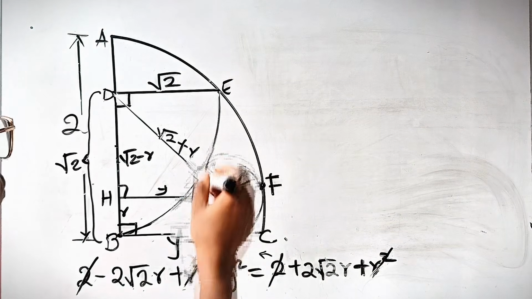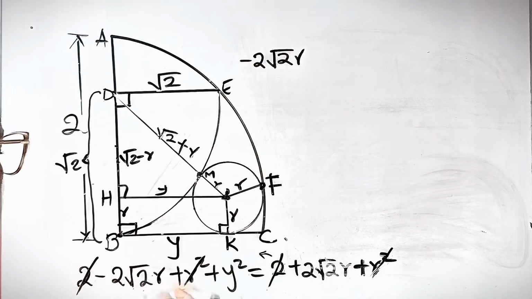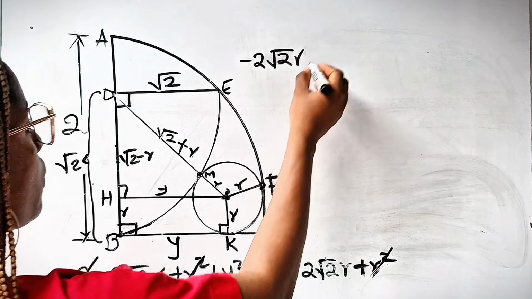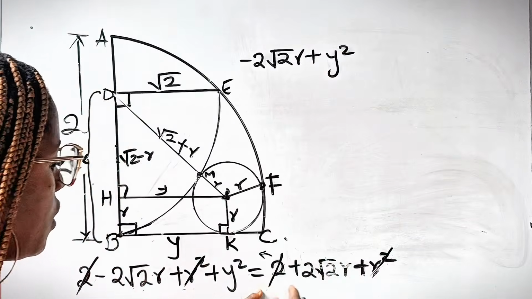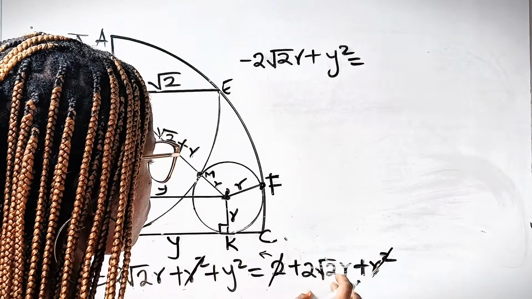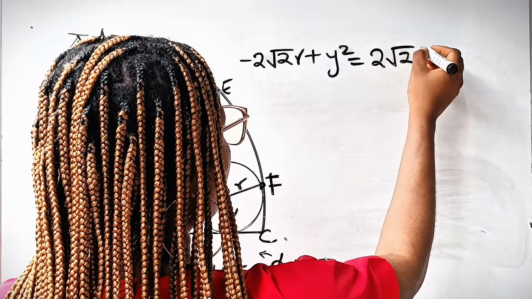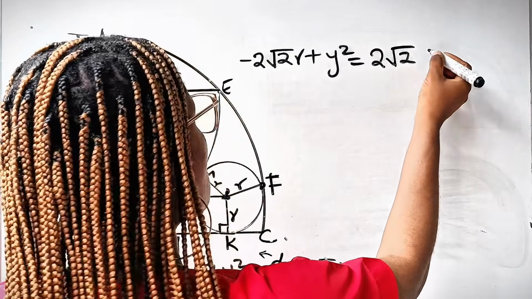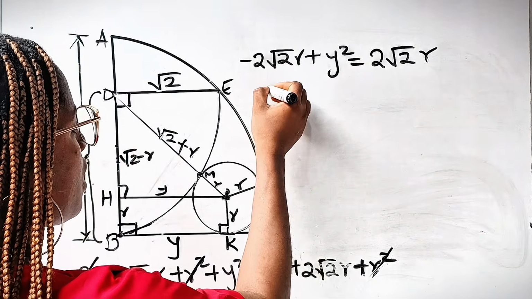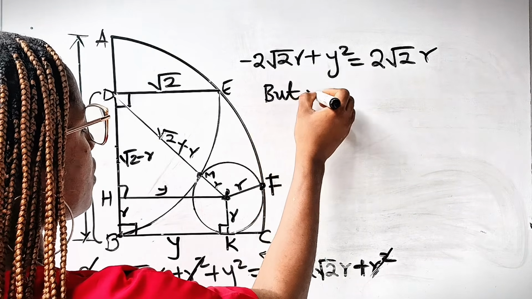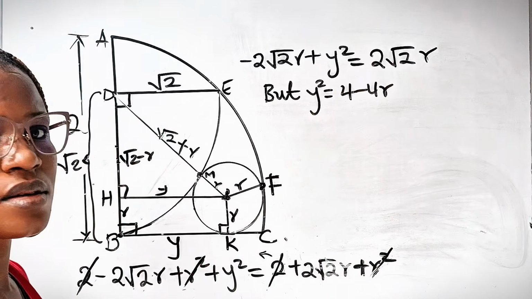So now we are left with minus 2 root 2R plus Y squared is equal to 2 root 2R. Remember that our Y squared is equal to 4 minus 4R, right?